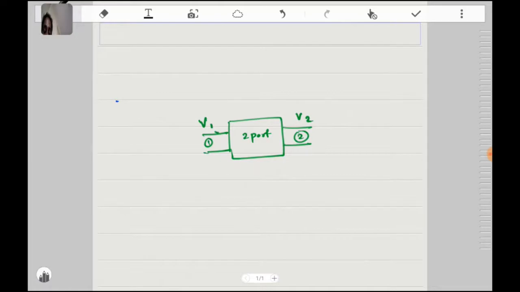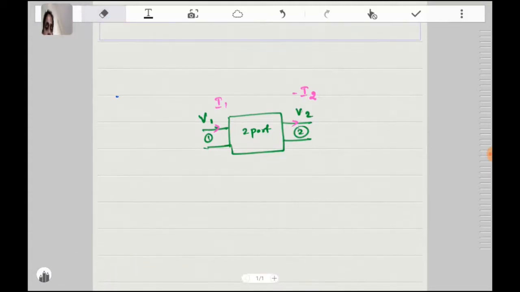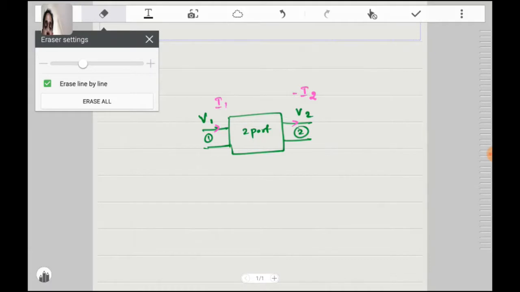This is my current I1. The current coming out of this port is I2. In case you want the current direction to be coming out, it is supposed to be negative. Or the current can be written in opposite directions. This varies with which side you are viewing it from.